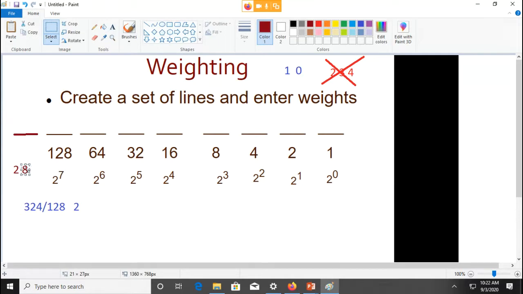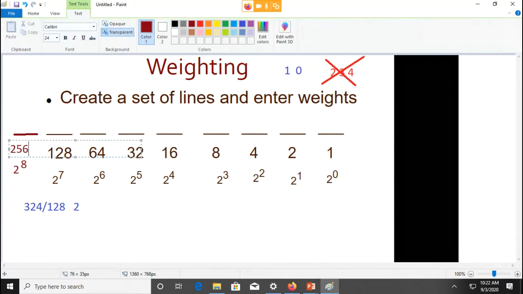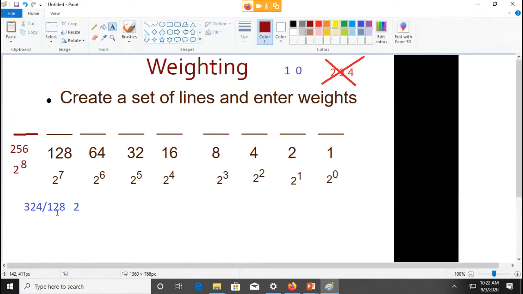You already have a 2 to the 7th, so now I need a 2 to the 8th power, which is 256. All right, now that I've got 256, I'm going to start with that one.